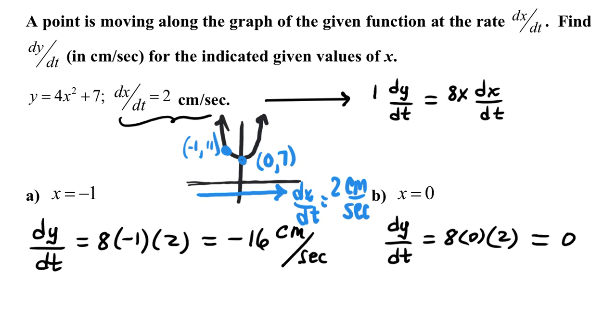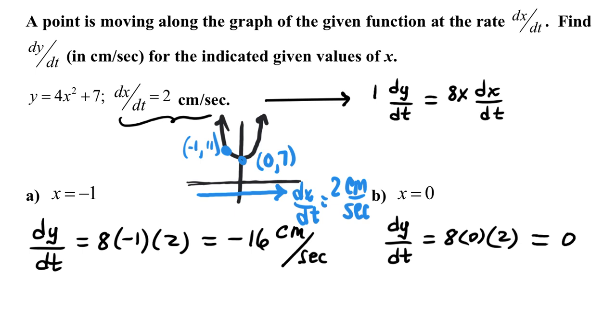For part A, when x is -1, we're at this blue dot. Notice as x is moving right, our y values are moving down. Take our derivative dy dt, and we're going to plug in, that's 8 times our x value times our dx dt.